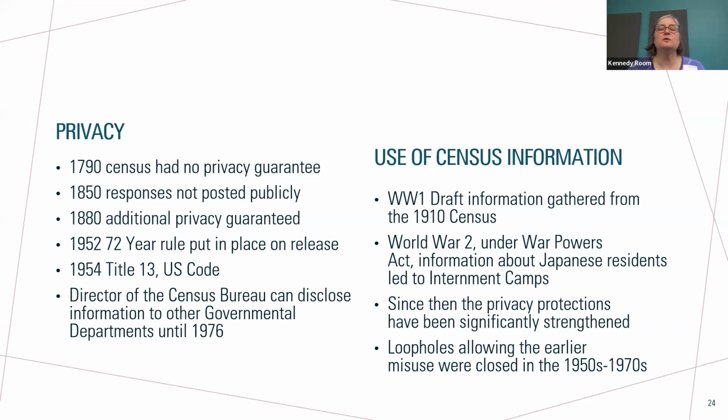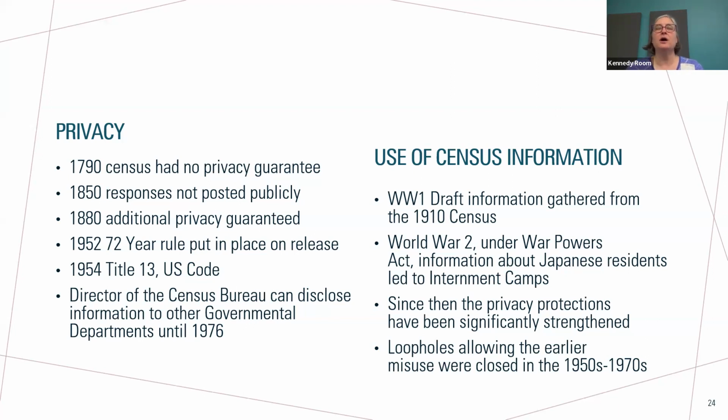However, during World War II, under the War Powers Act, information about Japanese residents led to the internment camps for primarily Japanese immigrants. While they allowed Japanese to serve in the army, there were citizenship concerns because they were not allowed to be citizens for the most part.